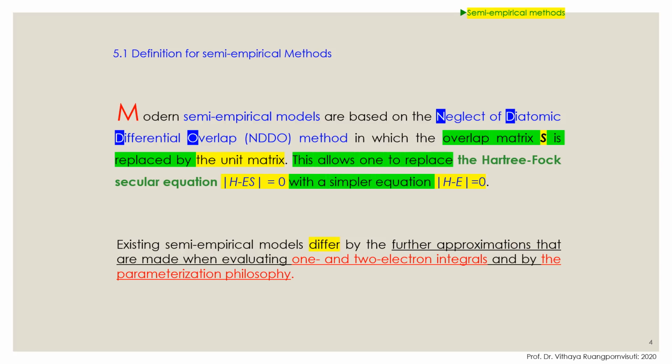This allows one to replace the Hartree-Fock secular equation, determinant of H minus ES equal to 0, with a simple equation like determinant of H minus E equal to 0.